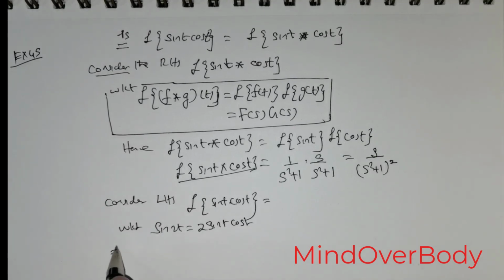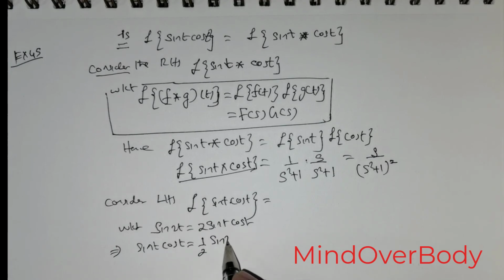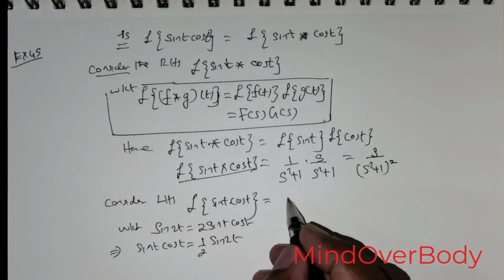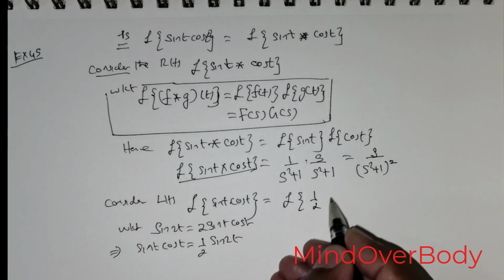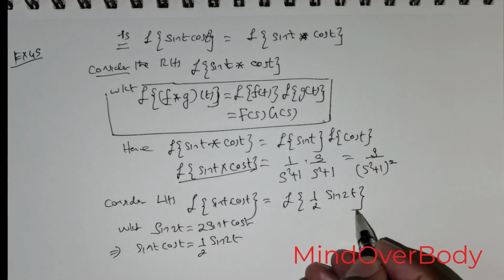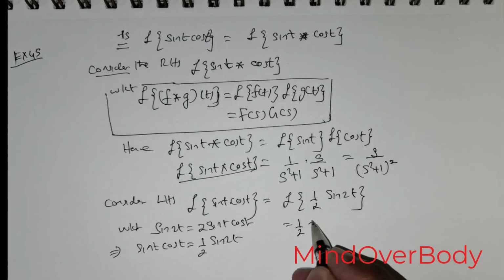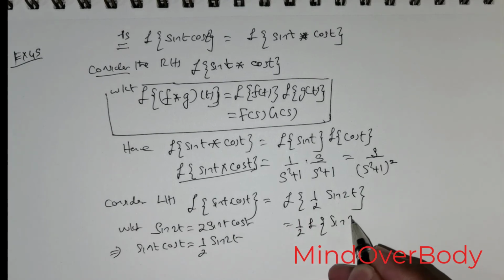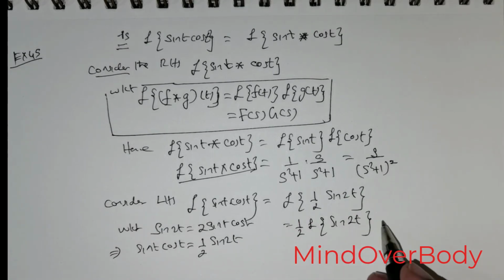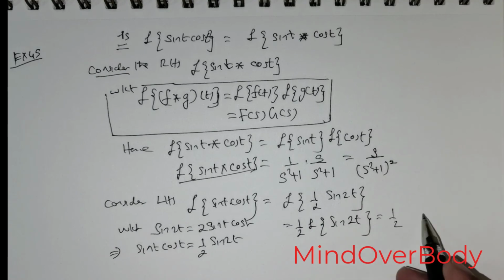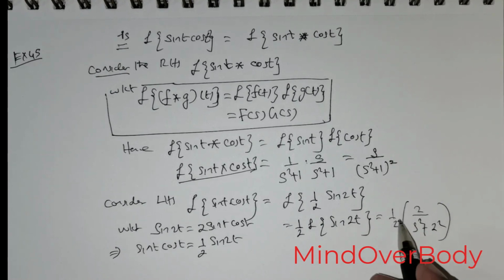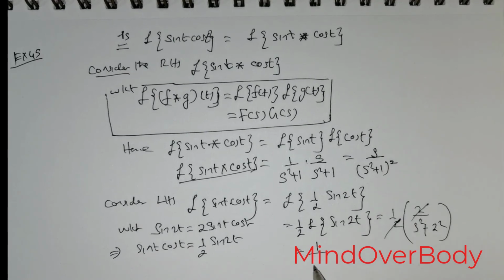So from here, sin t times cos t is equal to 1 over 2 times sin 2t. So I can rewrite this as Laplace transform of 1 over 2 times sin 2t. This is a constant, take it out, 1 over 2 times Laplace transform of sin 2t. And this is nothing but 2 over s squared plus 2 squared, right? My 2 and 2 can be cancelled, giving me 1 over s squared plus 4.